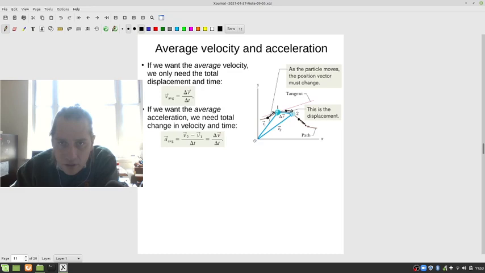But the thing to be careful about is that if you choose any 2 points on the curve, like this 1 and 2, you can always find the average velocity between them just by taking the difference in position, the xyz components of this vector minus the xyz components of that vector, and then dividing by the amount of time between the two positions.